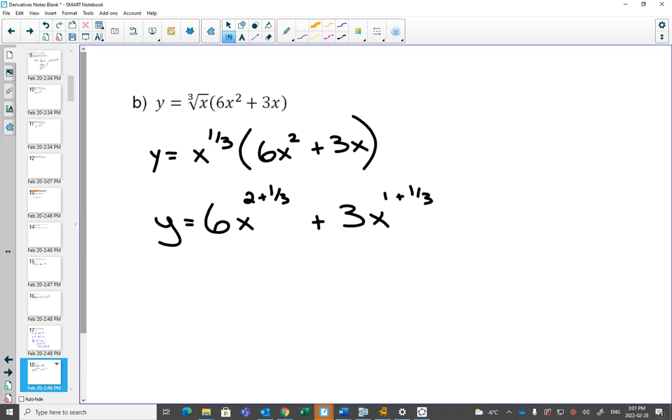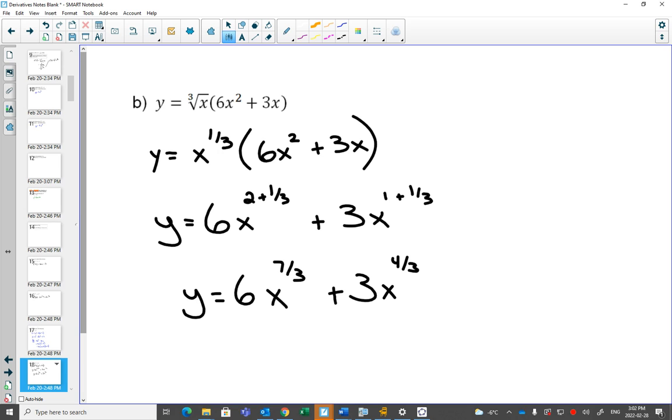And then in order to add exponents, you need a common denominator. So is everybody okay if I do the 2 as 6/3 in my head? And then 6/3 plus 1/3 will be 7/3. And the 1 in my head is 3/3, so I will get x to the 4/3.